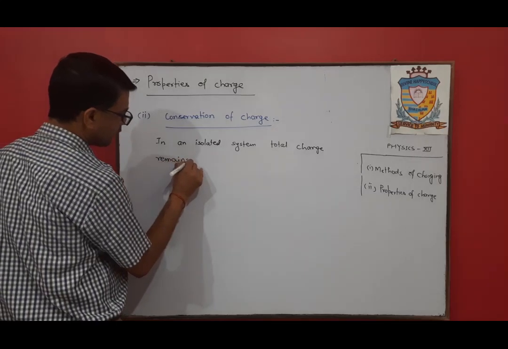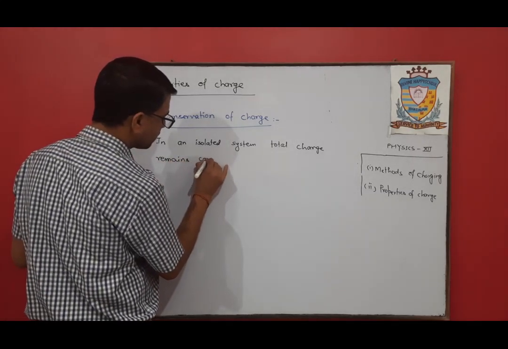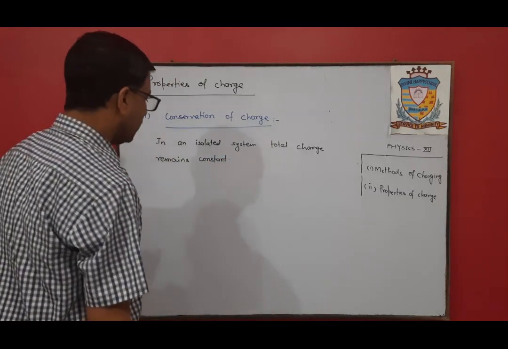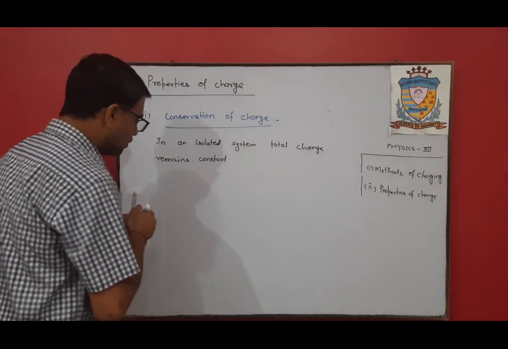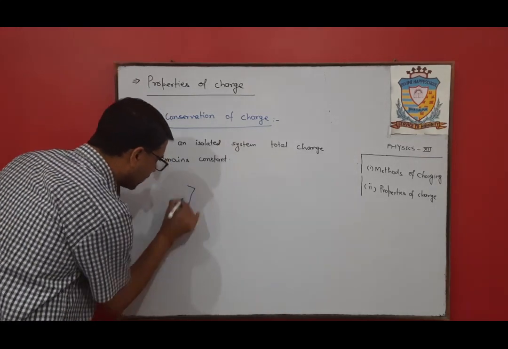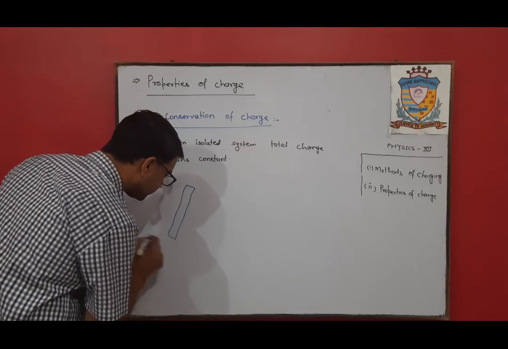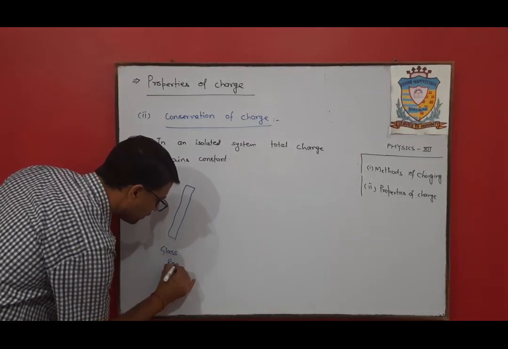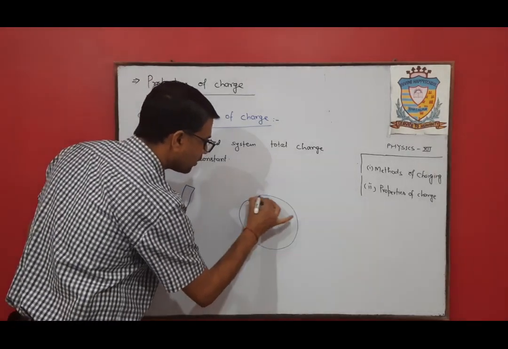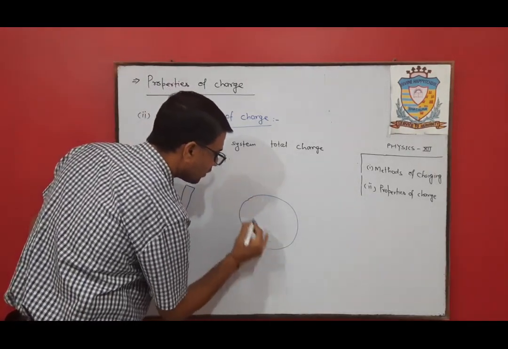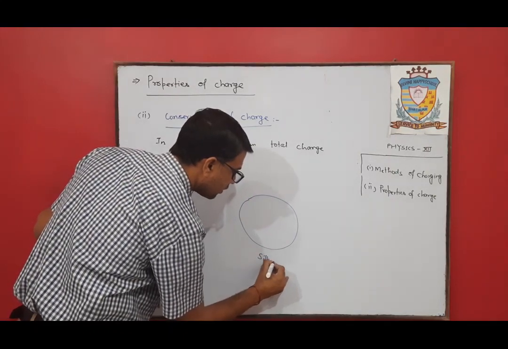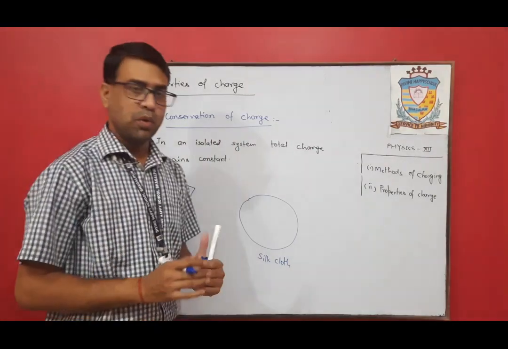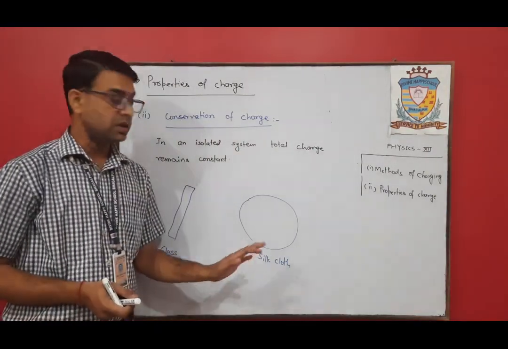Let us take the example of a glass rod and silk cloth. Okay, initially both the objects, that is the glass rod and silk cloth, are neutral.